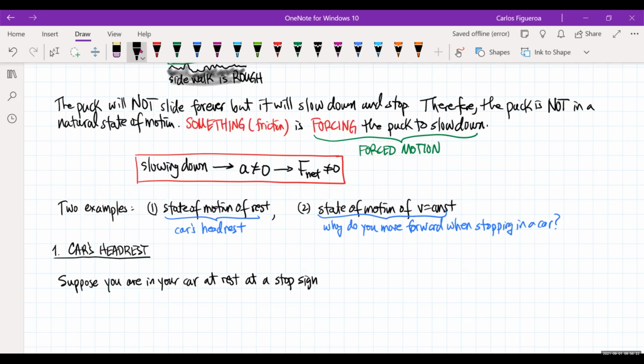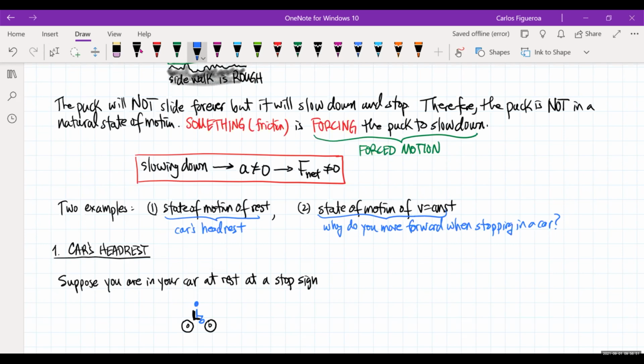And so here you are, in your car. When I look at your car, you have your seat. You're a person in this car. Let's say you're in blue here.